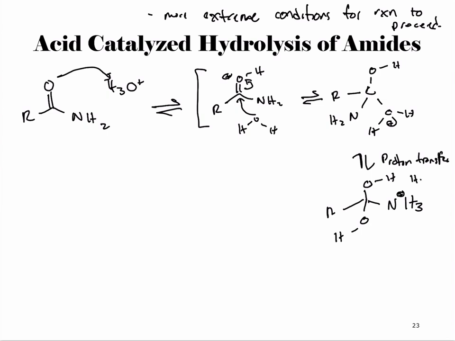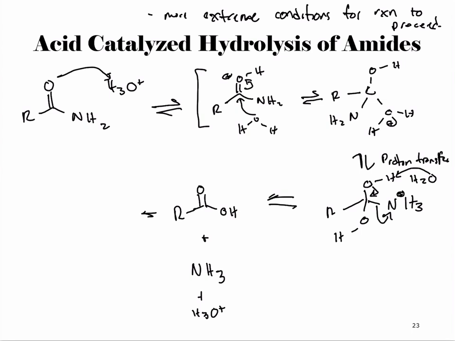Water can come and take this proton, moving the electrons back down to the carbonyl, and then the amine group can leave. We're going to have ammonia as a byproduct because it wasn't a substituted amide at all. So our final product will be a carboxylic acid plus ammonia, and this also gives us H3O plus, and these two can then react with each other so that the reaction stays neutral.